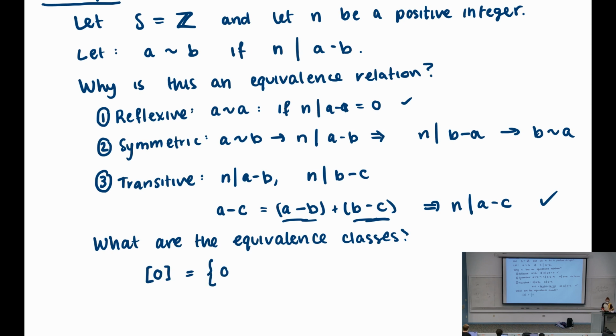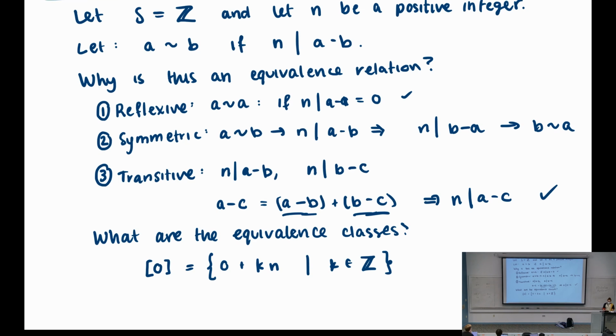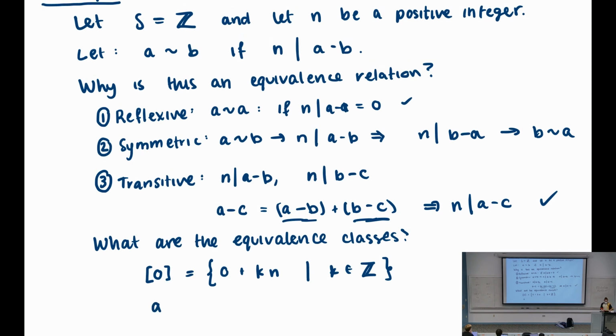This would be 0 plus k times n, such that k is an integer. So in short, the equivalence class of 0 is anything that's itself divisible by n. And similarly, you could replace this if you had an arbitrary a. This would be a plus kn, such that k is in Z.